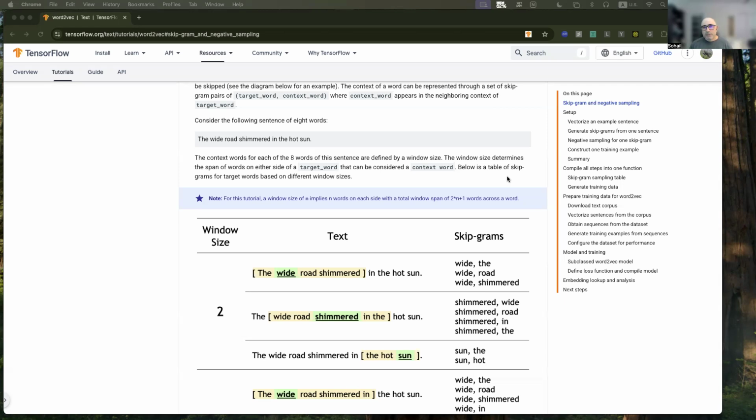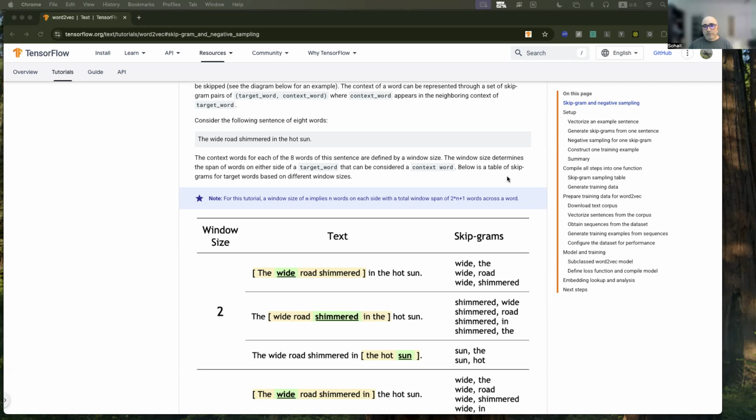So, if you're working with natural language processing or large language models, you know that these models cannot deal with text or categories. So you need to find a way to convert them to numbers.